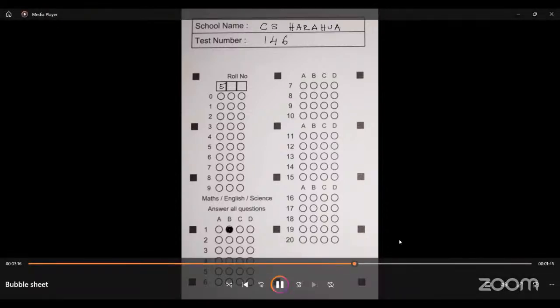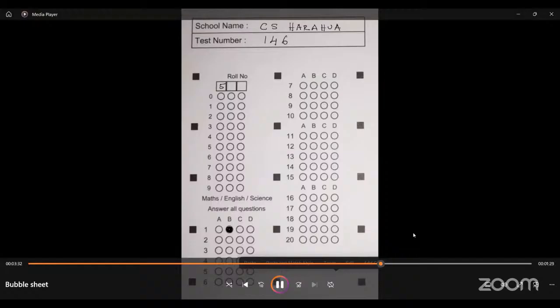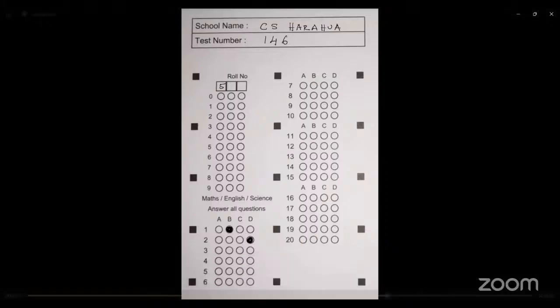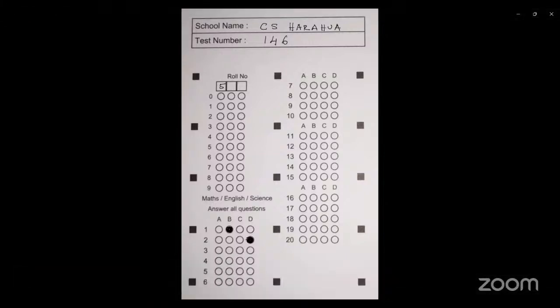Do not use pencil. Either black pen or blue pen. Then the Vidya Shakti teacher will show the second question. If the right answer is D, again you shade it like this. Shade it fully.